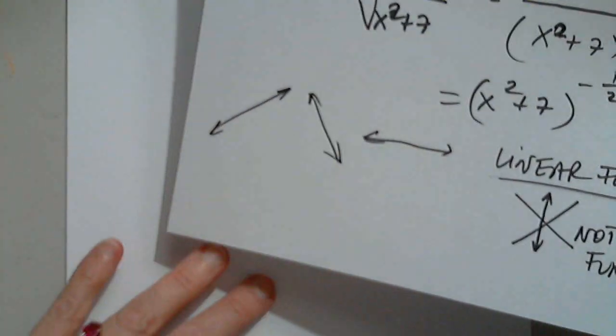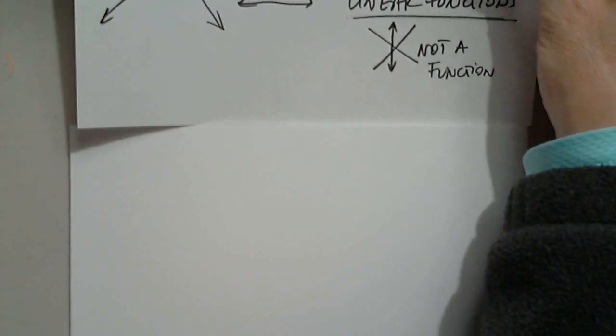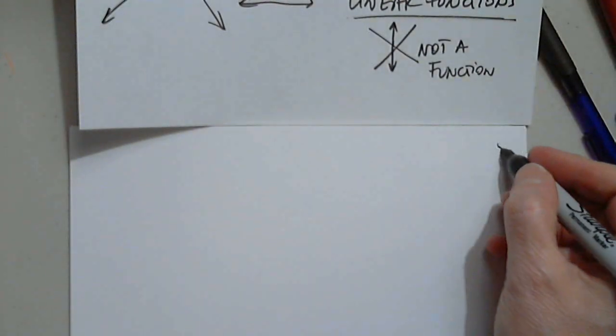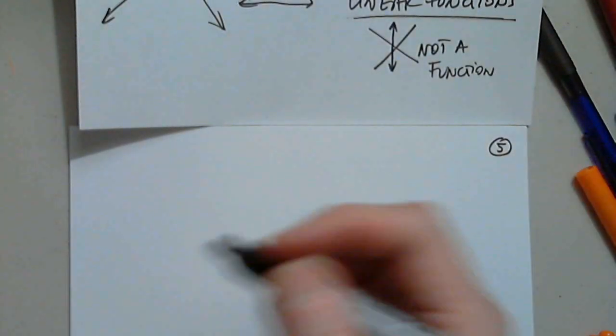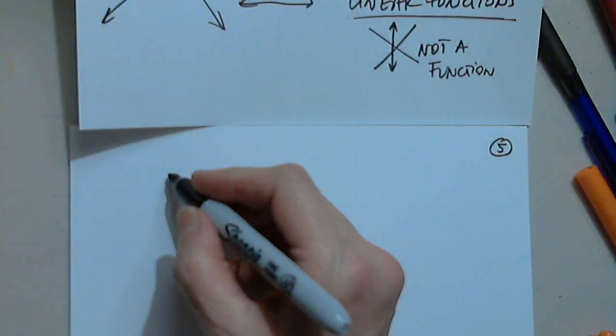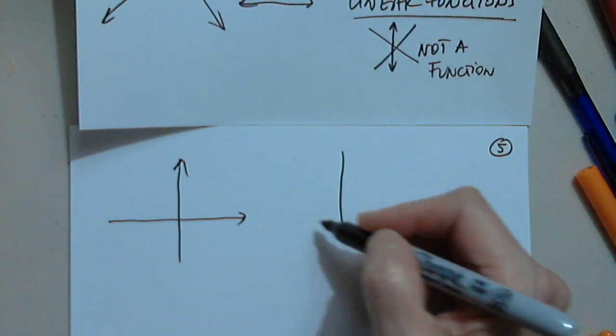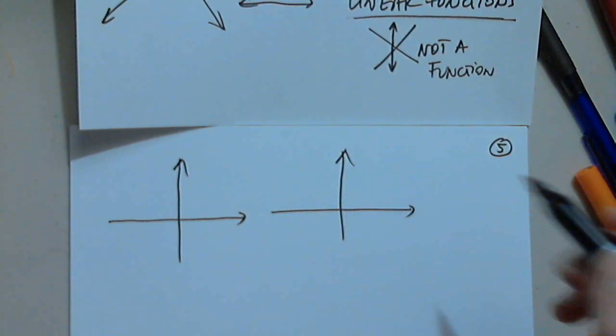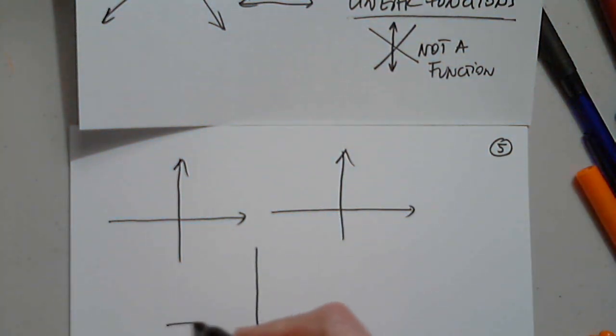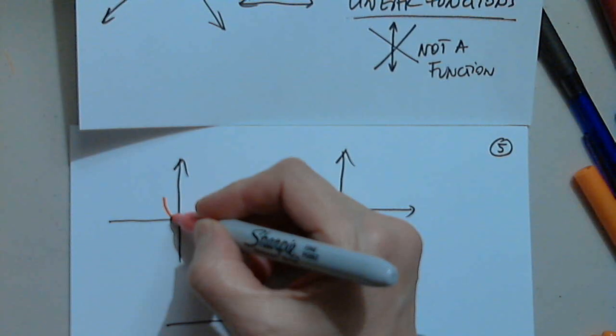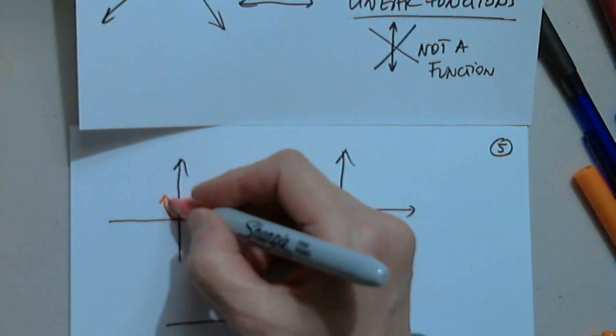But what about nonlinear? There are so many that we need a whole day to talk about them, but just a few of them. Quadratic, absolute value, and rational. Okay, so here's the quadratic. We graphed it some time ago, x squared.